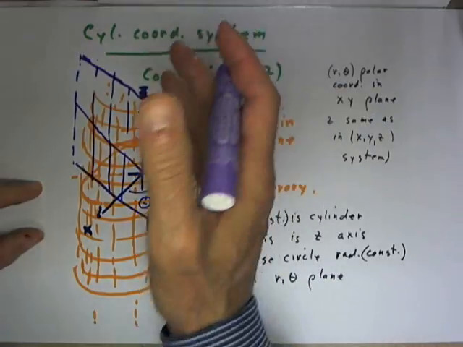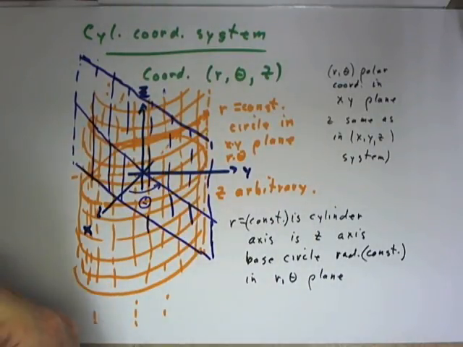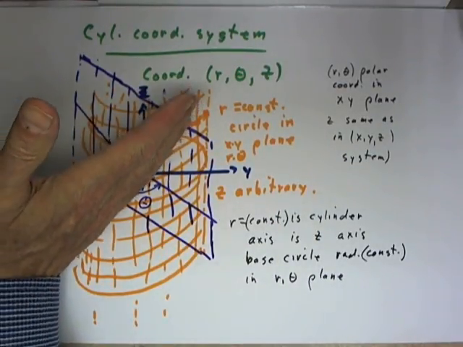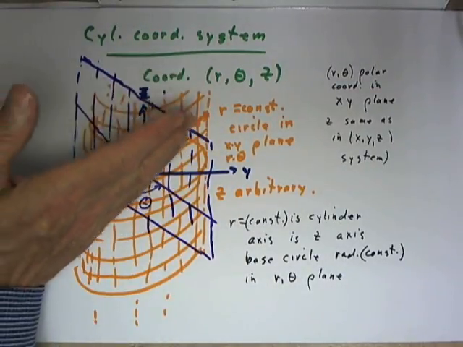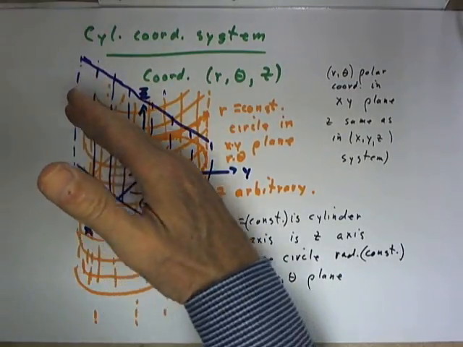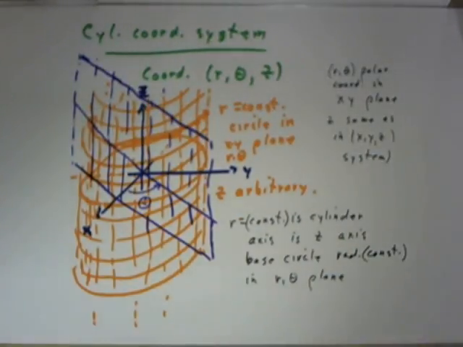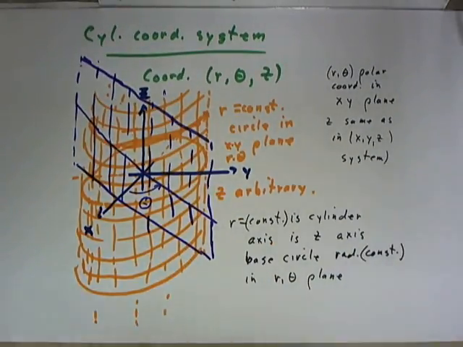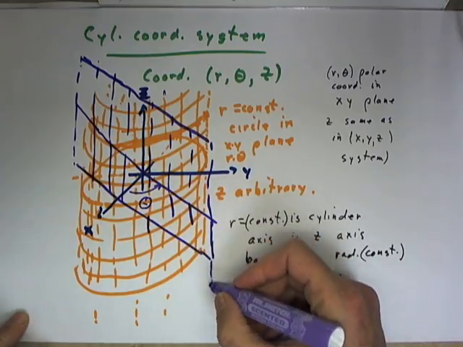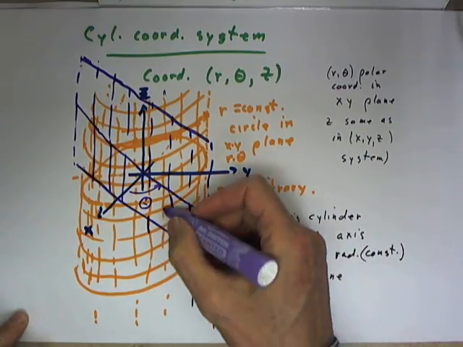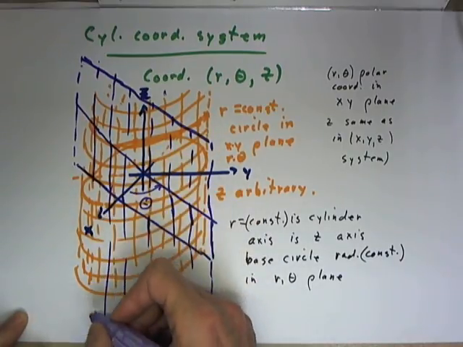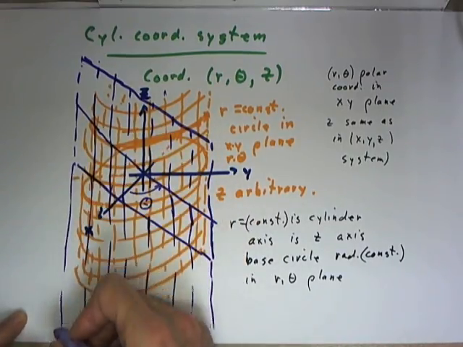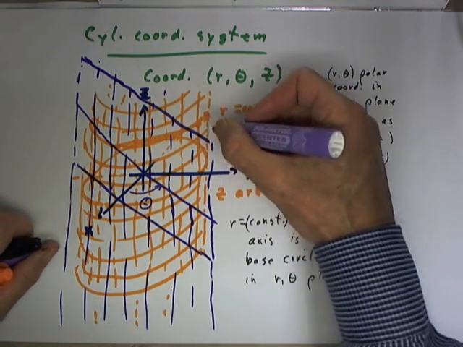It's a vertical plane that could be thought of as taking the xz plane and rotating it around through angle theta. This plane, of course, extends on down, and up.